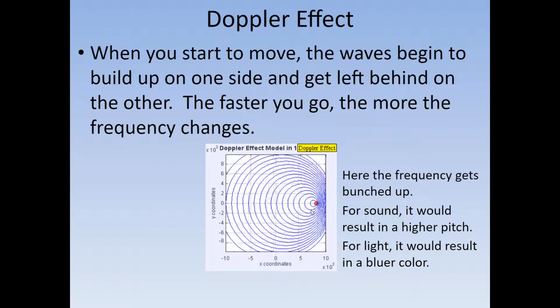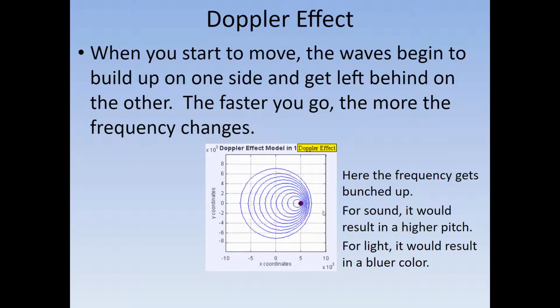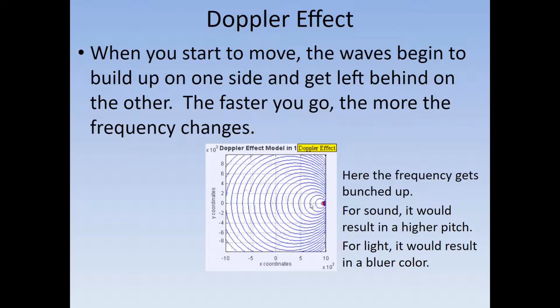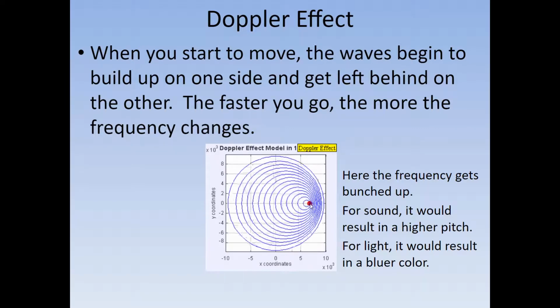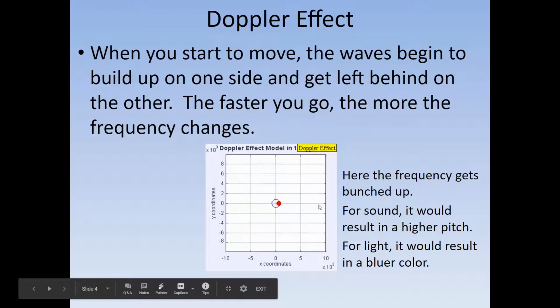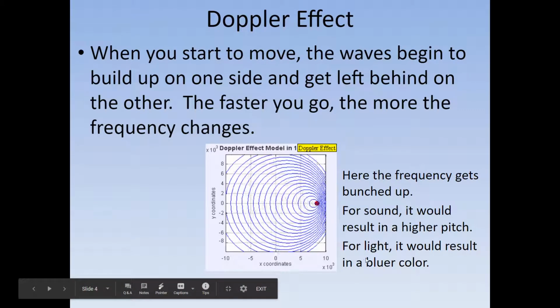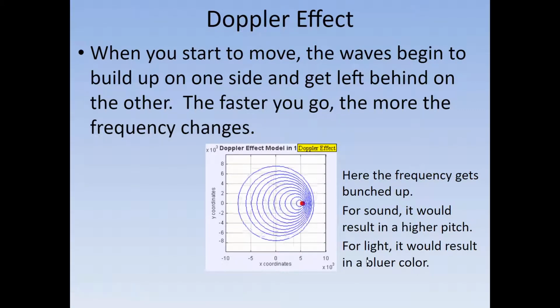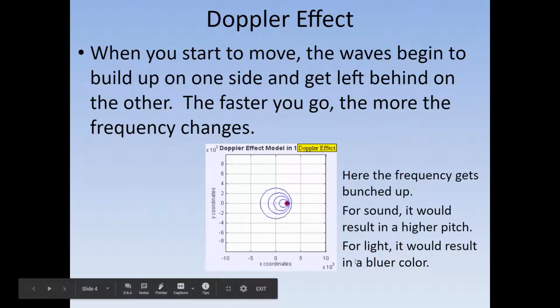Now, if this was sound, you'd end up hearing a much higher pitch here because now the frequency is getting higher, or at least it seems like it's going higher. For light, on the other hand, if something's moving towards you, you would end up seeing the light as being more blue in color.